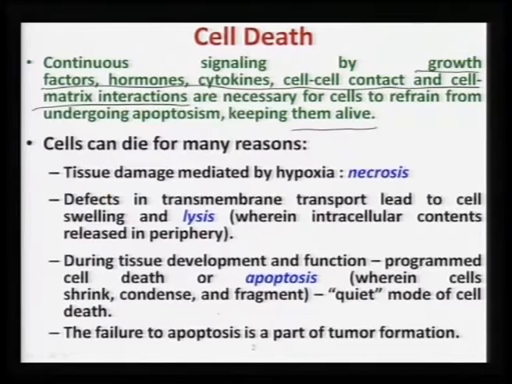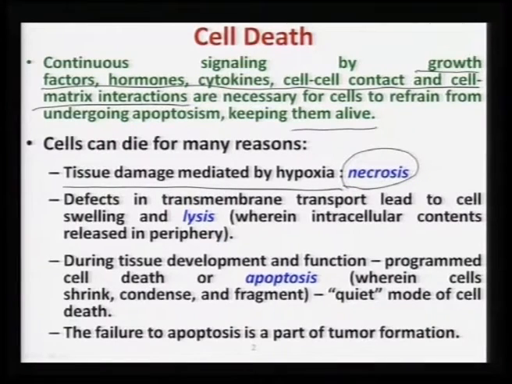If a human being is deprived of taking food every day, that human being cannot survive. So, similarly here in this particular context, if the cells are not getting survival factors or survival signals, then they will undergo apoptosis. Then what is necrosis? Necrosis is essentially mediated by the tissue damage mediated by hypoxia.